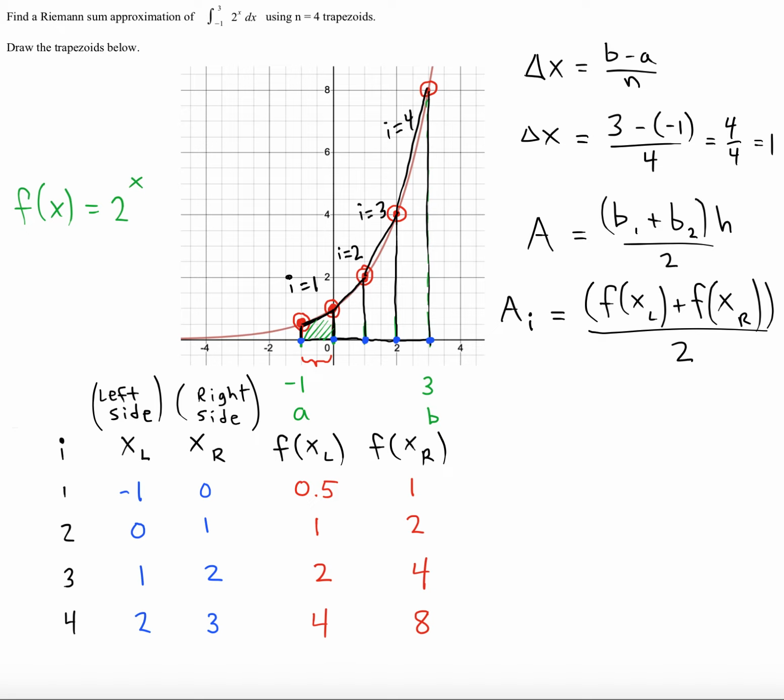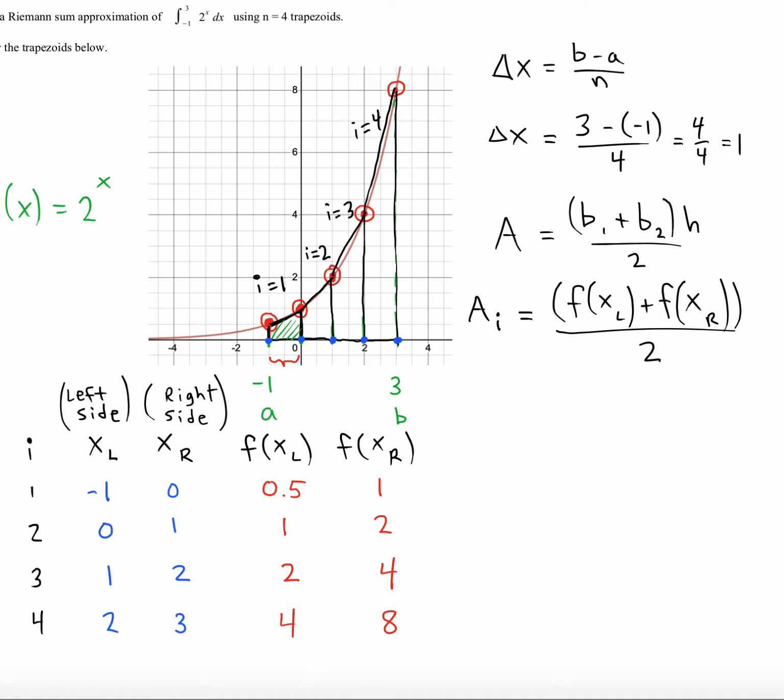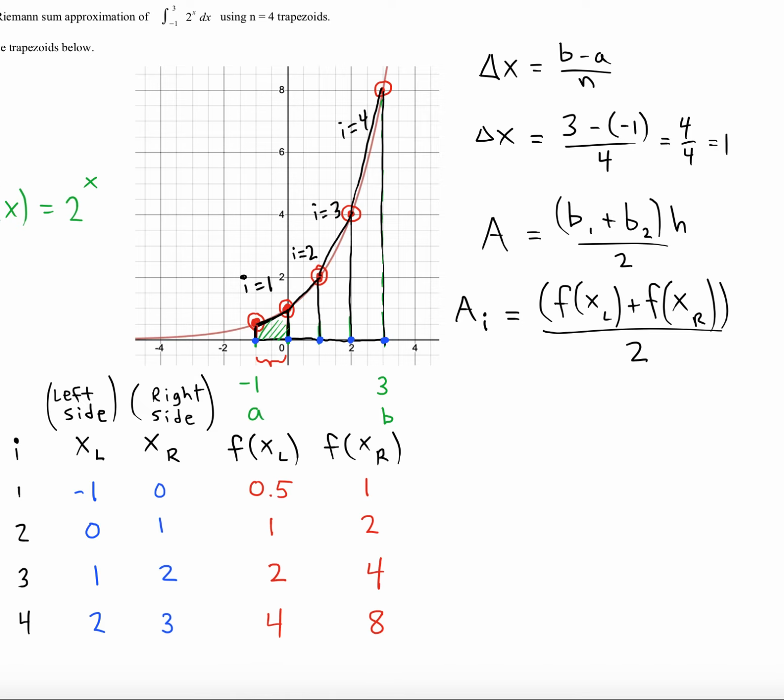So just average the two heights of the left and right side, and then multiply by delta x. Delta x is the thickness of the trapezoid.